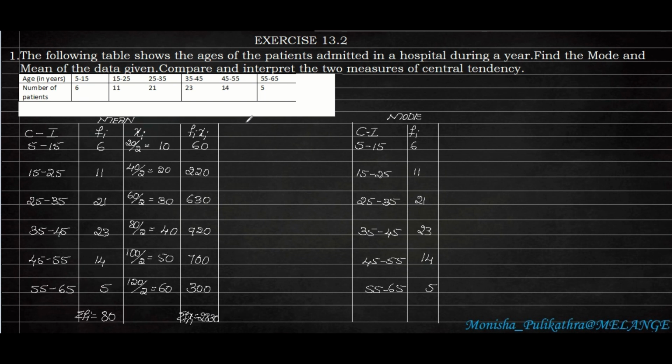So now we need to find out the mean of it, the average age of patients who are admitted to the hospital. So X bar is equal to, first we need to write the formula for that. That is summation Fi Xi whole divided by summation Fi. So here summation Fi Xi is 2830 divided by 80.